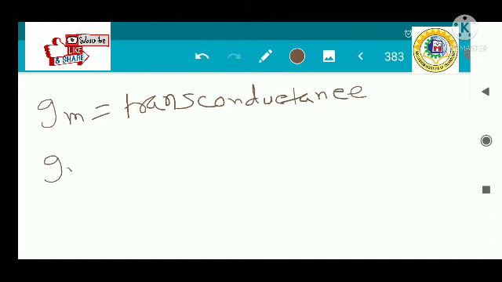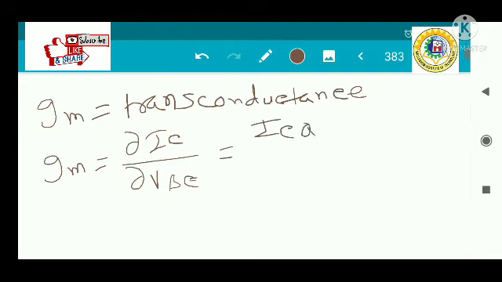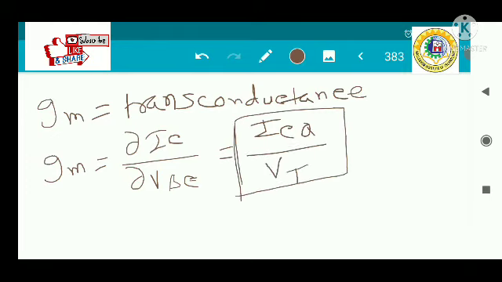So GM is nothing but del IC divided by del VBE, and this can also be written as ICQ divided by VT. How does this expression come? There is another derivation. We will not go into this derivation, but you can think of that.